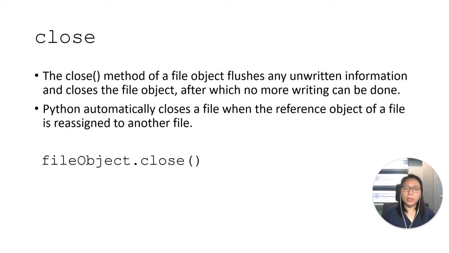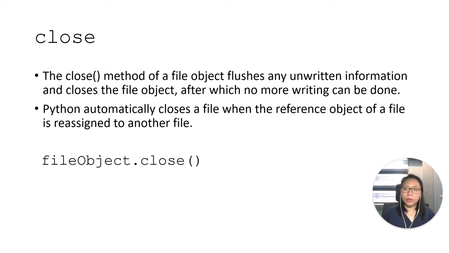So basically, we close or we disconnect the handle, the file object, to the file. Python also automatically closes a file when the reference to the file object is reassigned to another file.